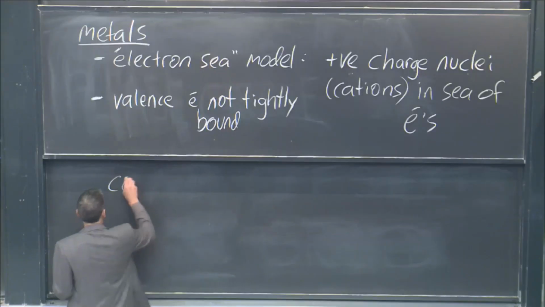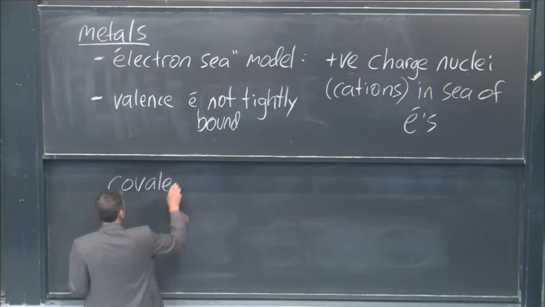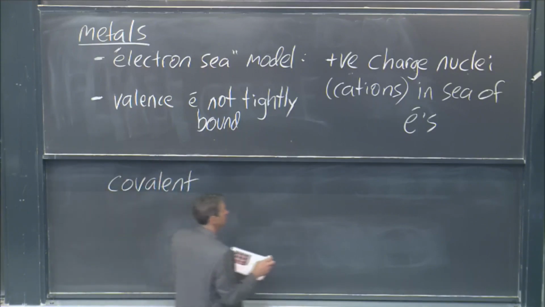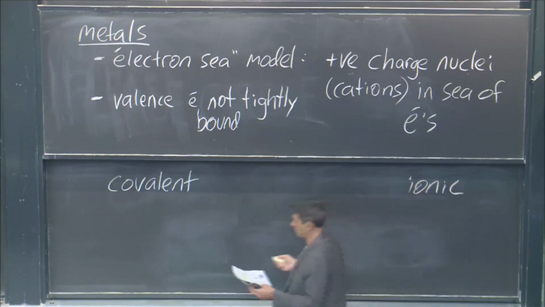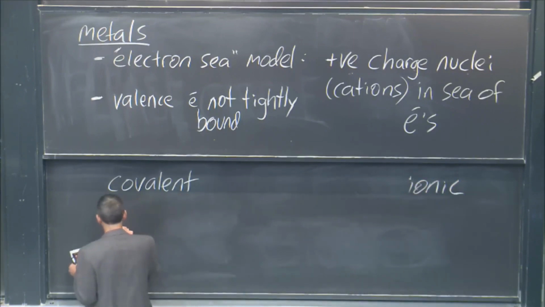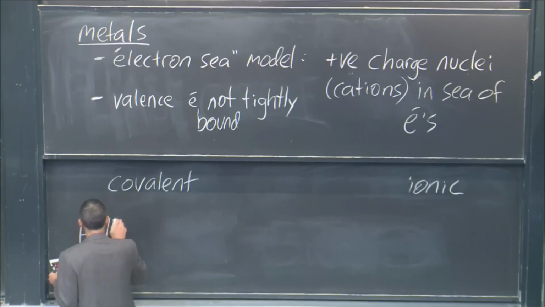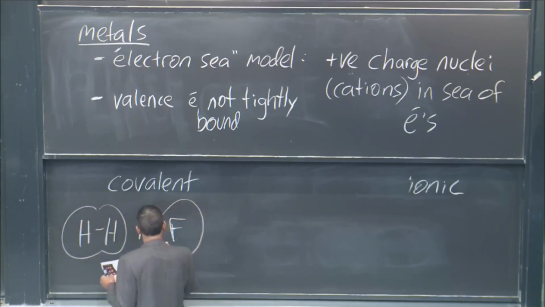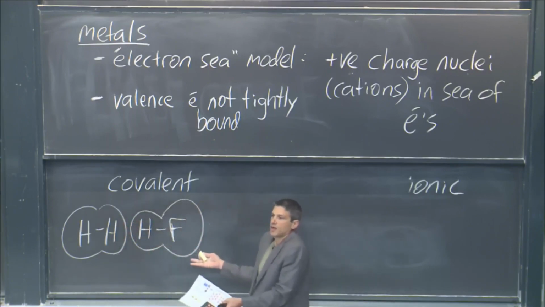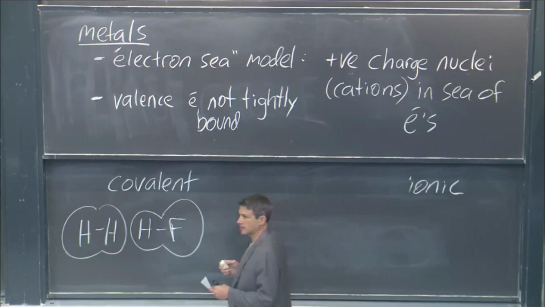So if I do covalent over here, and I do ionic over here, well, okay, covalent we know, right? These have maybe H2. That's a covalent bond. That's a nonpolar covalent bond, where it's sharing. Or you could have HF, where it's a little less sharing, but it's still a covalent bond. It's a polar covalent bond, right?